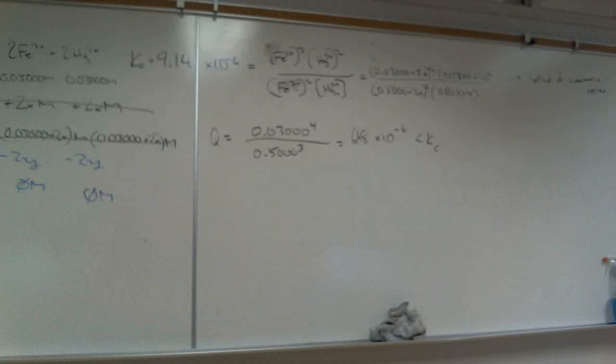And then plus 2y is 0.03000, so this is going to go to 0.5300. And what's half of 3,000? 1,500. So this will go to 0.5150. 0 molar. And so this would be my reset initial conditions.